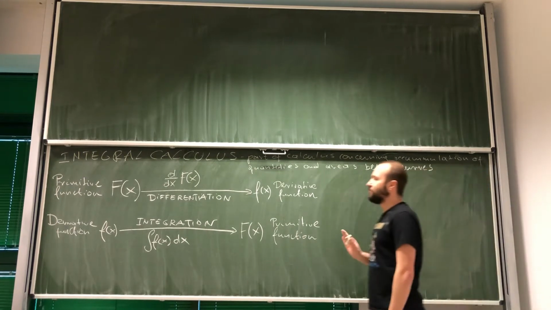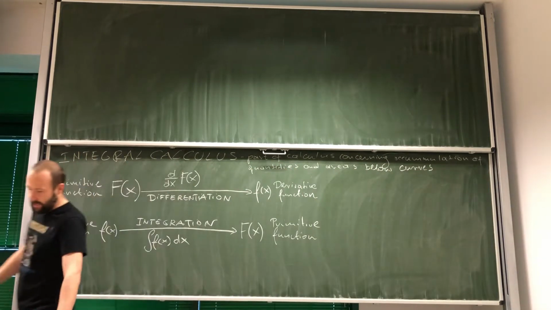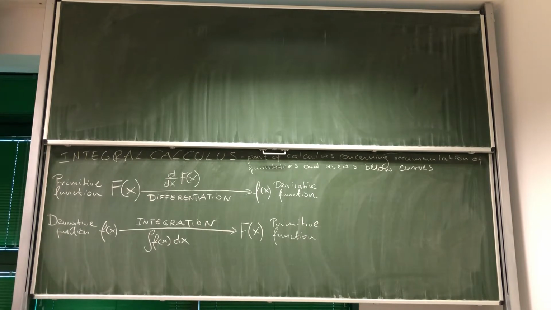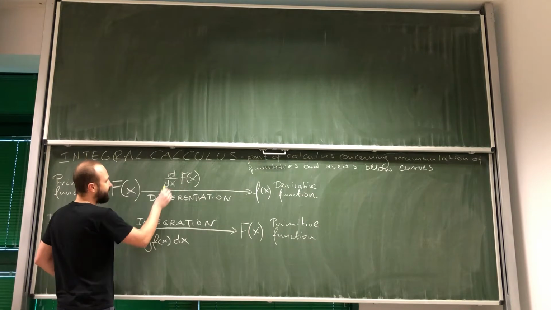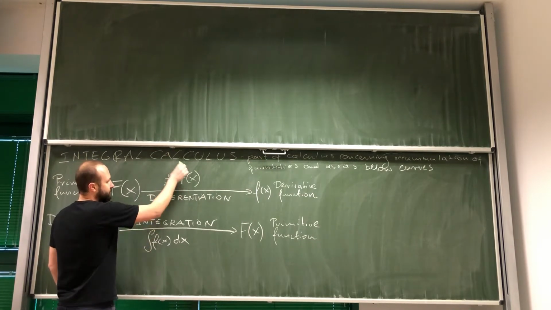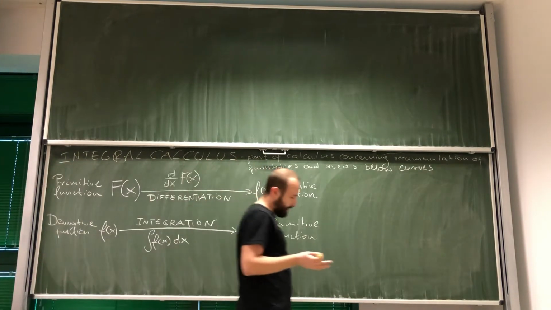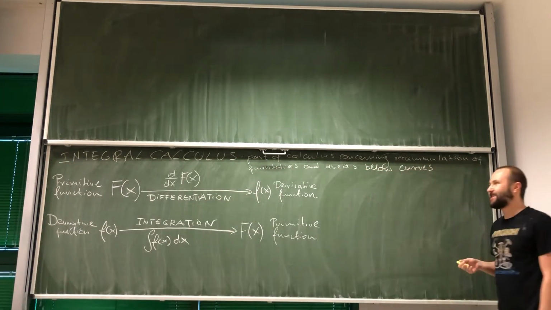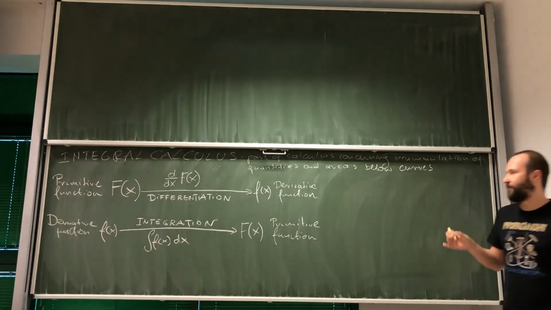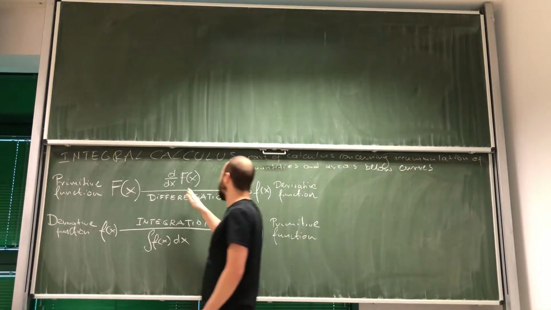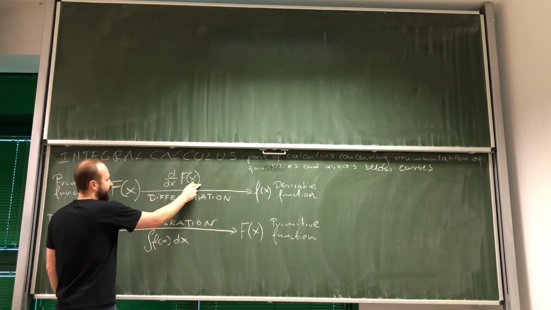But before we move on, let me just bring your attention to one thing. Look, here we have a symbol of differentiation. And look, I told you that we can think of a derivative as a ratio of two differentials, right? And this is what we have here, df of x over dx.